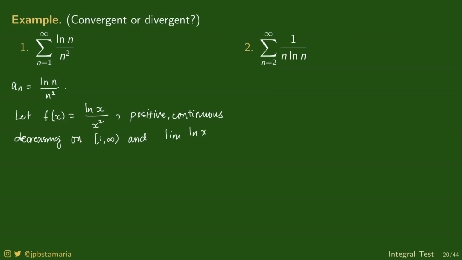You can check that the limit is 0 by applying L'Hopital's rule. L'Hopital's rule lang yan. Yung mga conditions na meron tayo doon sa theorem or sa integral test, you can just check this one by one. Okay?